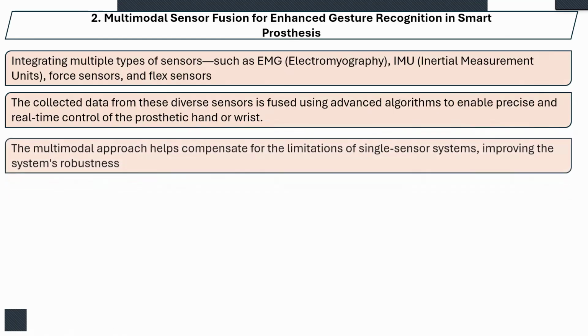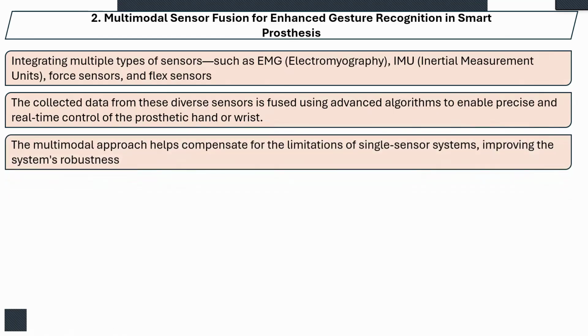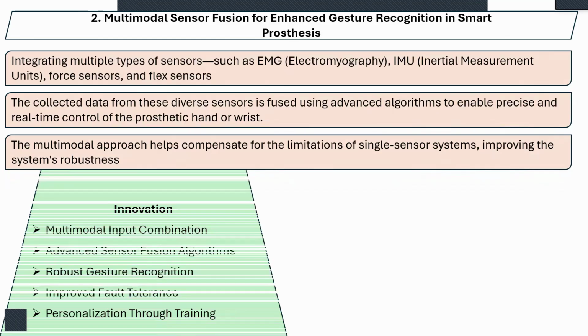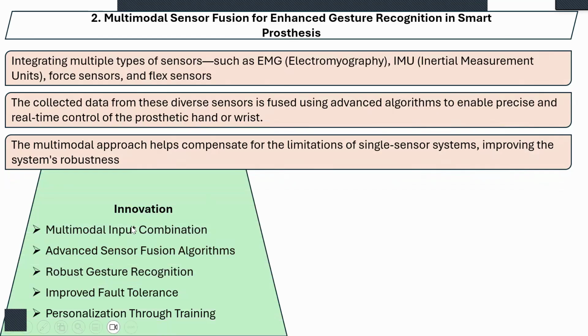The multimodal approach helps compensate for the limitations of single-sensor systems, improving the system's robustness against noise, motion artifacts and environmental interference. What are the innovation highlights? Multimodal input combination. It uses a combination of muscle activity, limb motion and finger bend to understand the user's intention better.